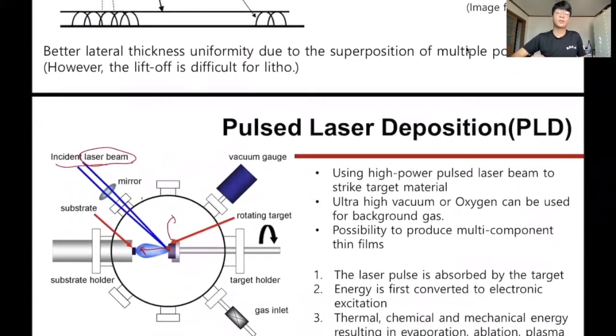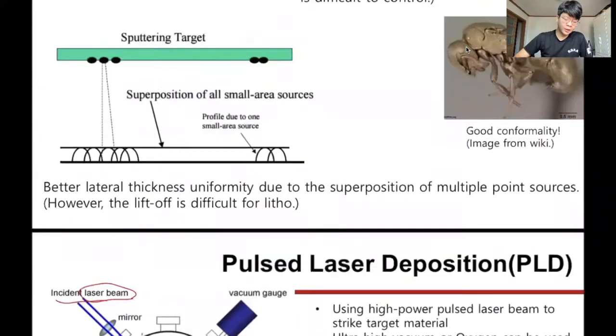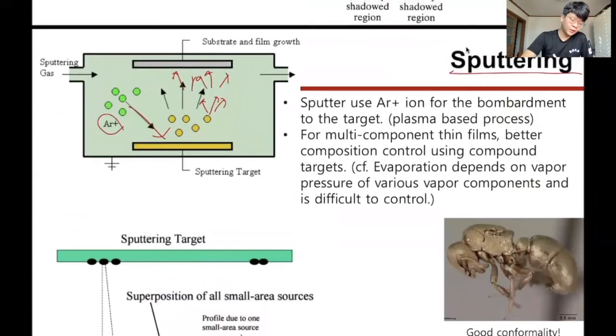However, it uses very high power pulsed lasers, and it has very good step coverage, because in sputtering, similar to PECVD, the argon ions can interfere with the free path of the target materials.